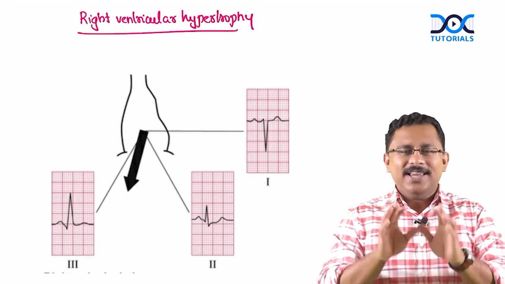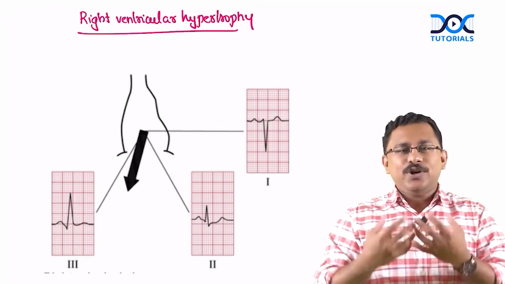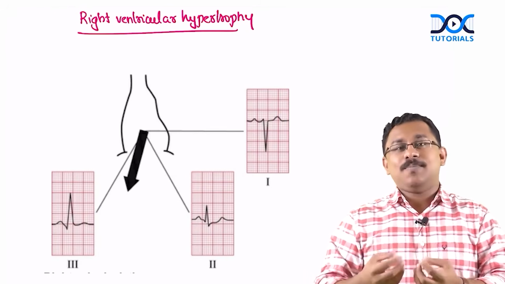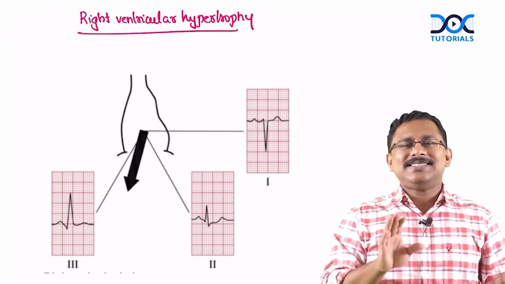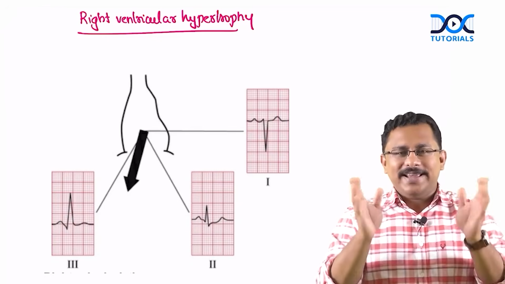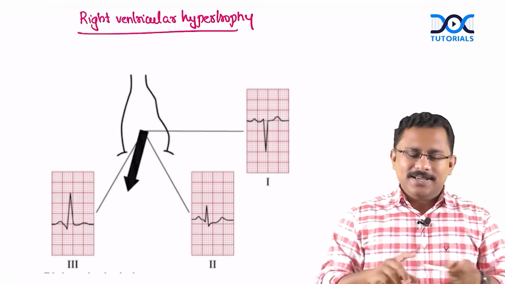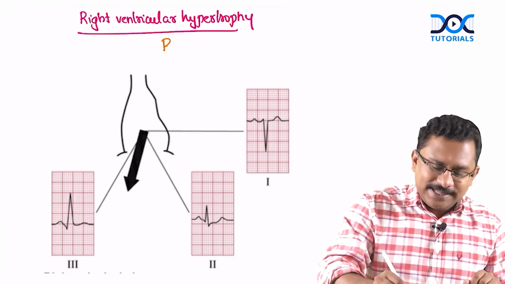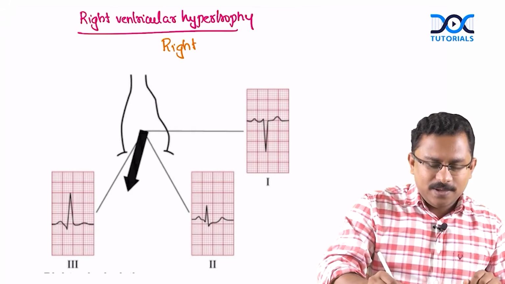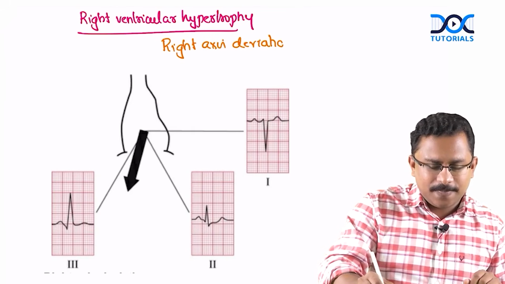But when there is right ventricular hypertrophy, the right ventricle exerts a stronger impact, because of which the axis can shift from the normal range rightwards and downwards. In other words, the patient can have a right axis deviation.